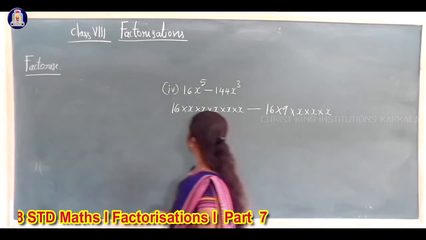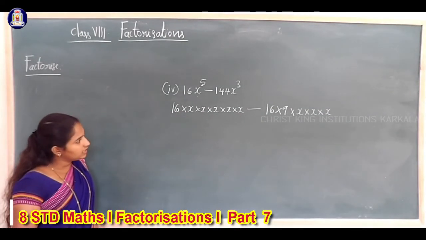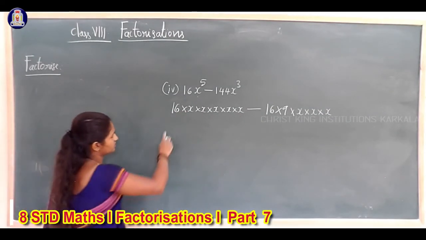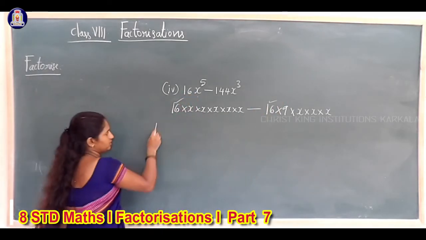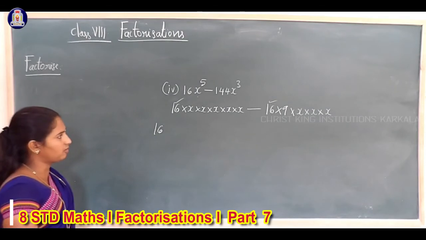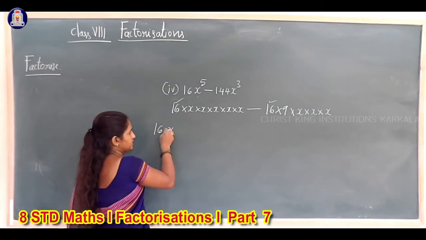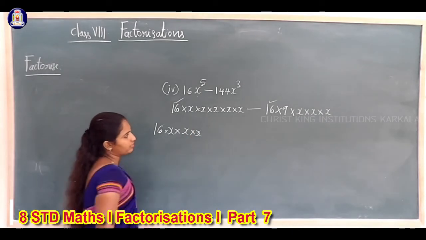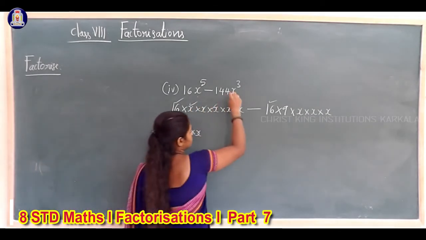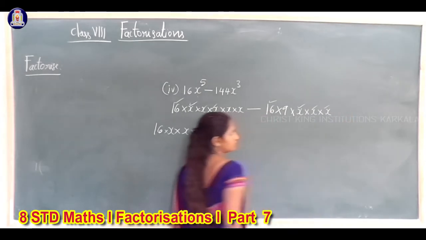So here 16 is common in these two terms. Yes, 16 is common. So take 16 outside. Next, the variable x is common. x into x into x are the common factors, isn't it?